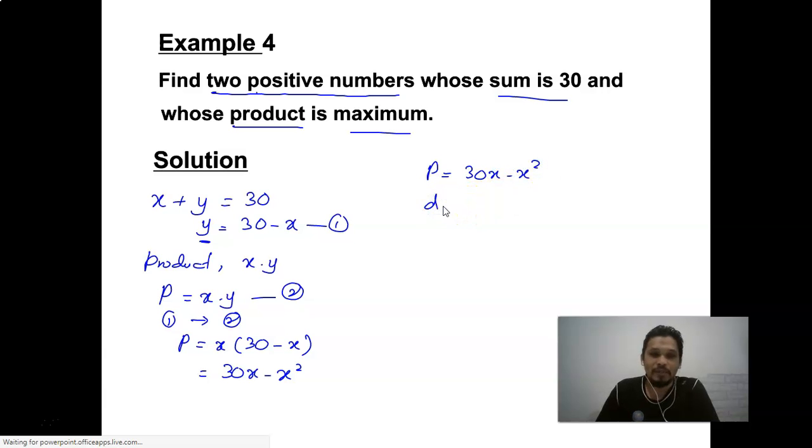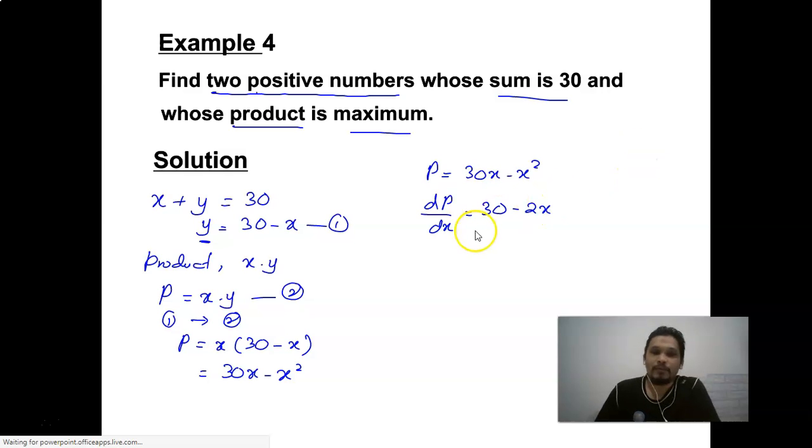Then we differentiate P with respect to x. Let's differentiate this one by one. Differentiating 30x gives you 30, and differentiating x squared gives 2x, so minus 2x.